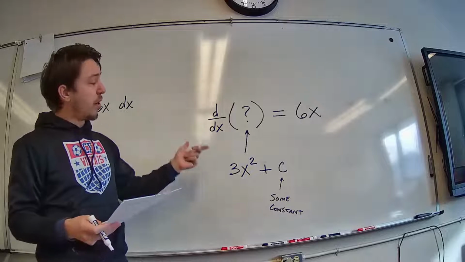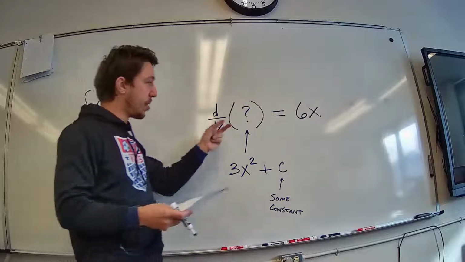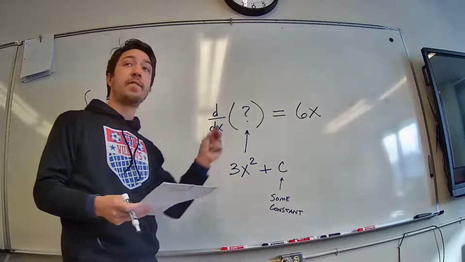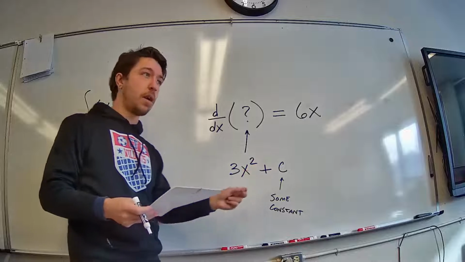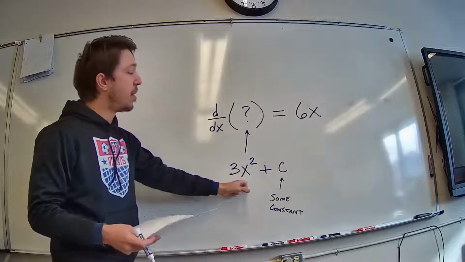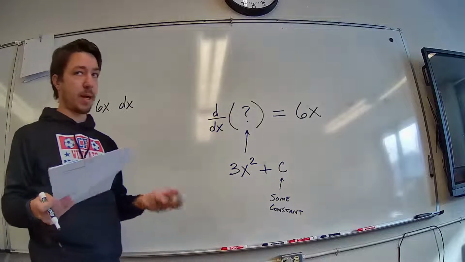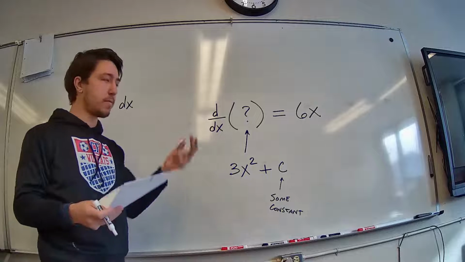So when you're asking the question, what function or what expression has a derivative of 6x, there's actually an infinite number of answers. The key part is that it could be any constant. So everyone understands what I mean by constant? Just a number, okay?